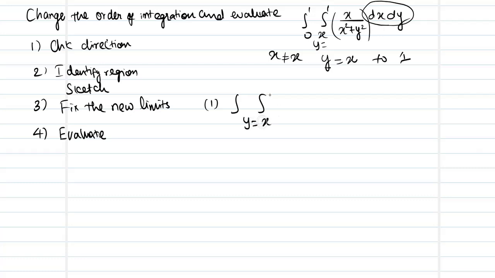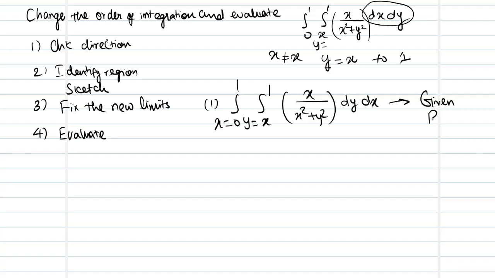Y varying from x to 1, x varying from 0 to 1, the function being x by x square plus y square. So since y comes first, rewrite it as dy first and dx. So this is our given problem. So given direction is in the direction of y.